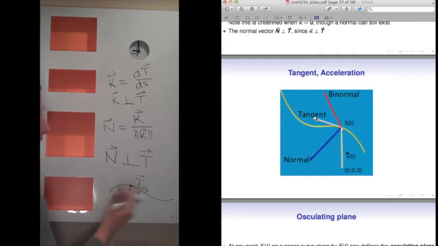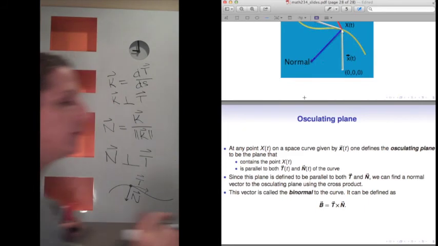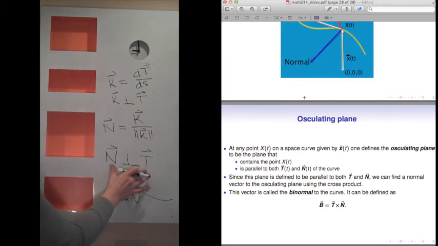And we can get that very easily by simply taking a cross product of these two.